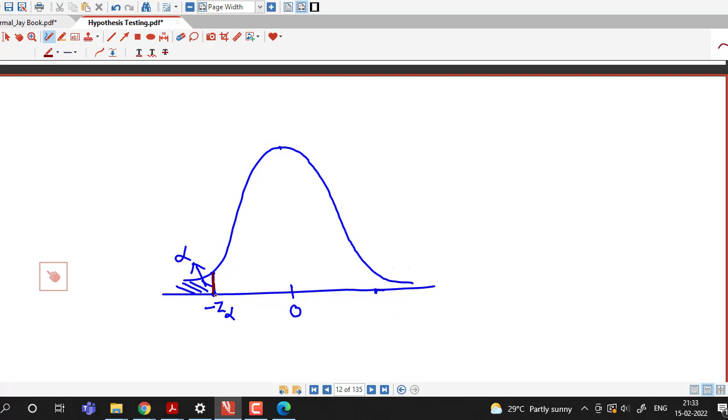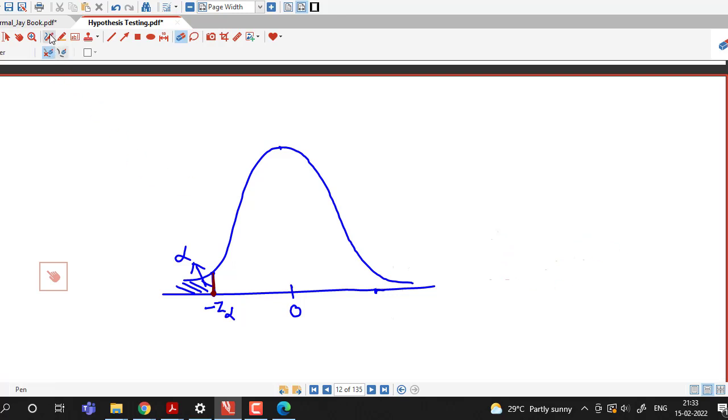So if we calculate this critical value of minus z alpha, and if our Z statistic is smaller than this value, then we can say that the null hypothesis is rejected. And if the value of the Z statistic is not in this region, then we cannot reject the null hypothesis.